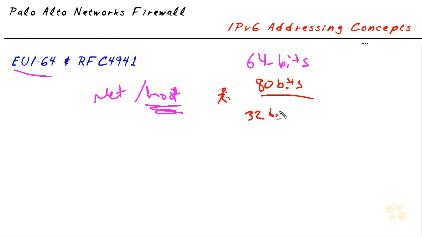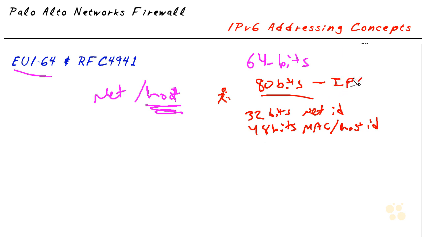I had 32 bits for a network ID, and then I had 48 bits, which was my MAC address, or host ID. And that was where I got all the information to get my IPX address. Like I said, we have all those people way back when who got involved from IPX in coming up with my IPv6 stuff, so that's where we're getting some of this information from.